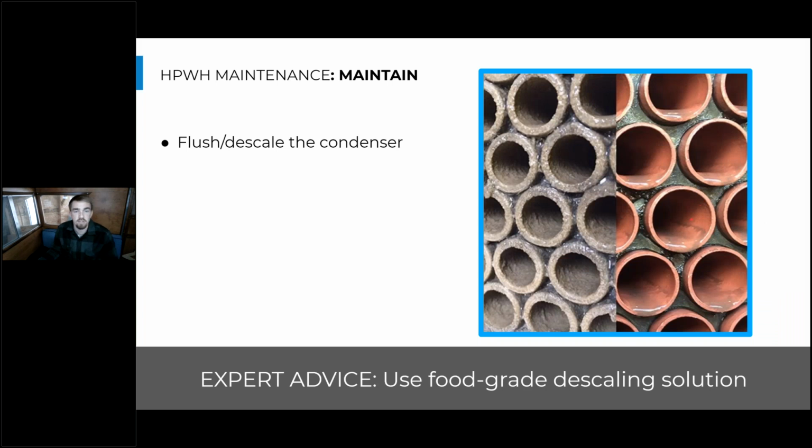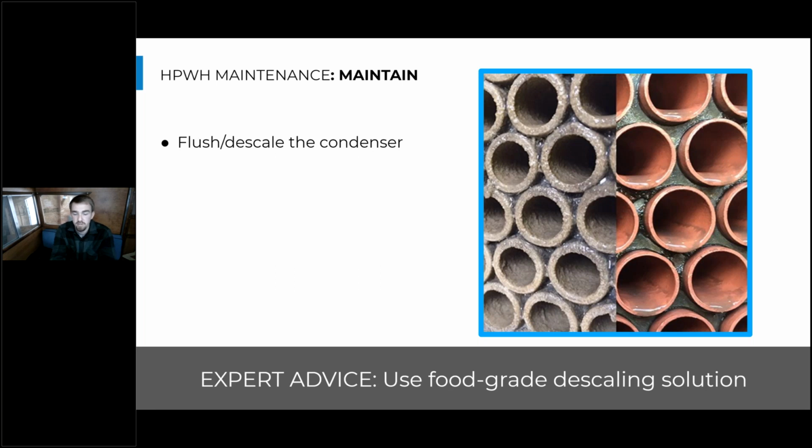And in terms of maintaining these heat pumps, you'll want to maintain the potable water heat exchanger to flush or descale any lime or scale that has built up inside that heat exchanger. This can be done pretty simply with a food grade descaling agent that you can pump through the heat exchanger of the heat pump and get rid of any of that scale that's built up. So you don't have to take anything apart.